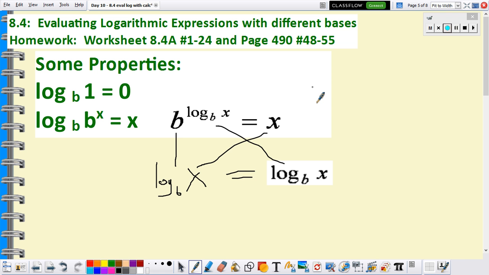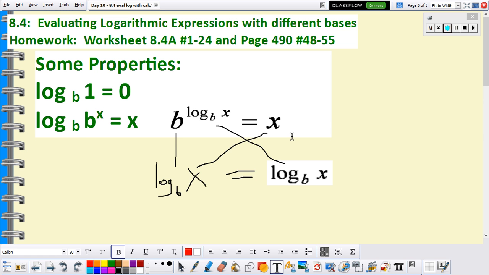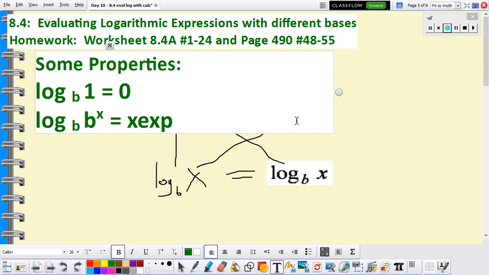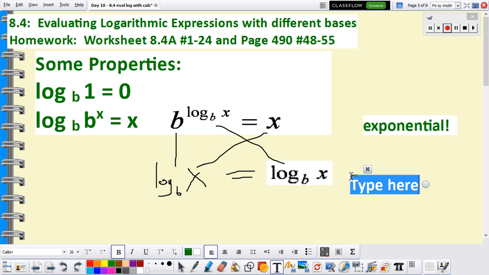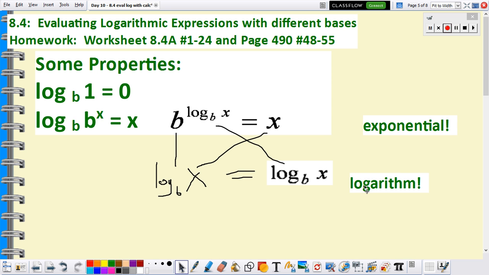So again, this one is the exponential, and this one is our logarithm. And we can tell from the logarithm that the two sides are the same.